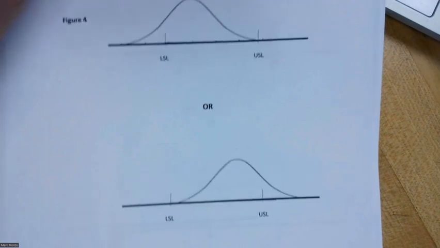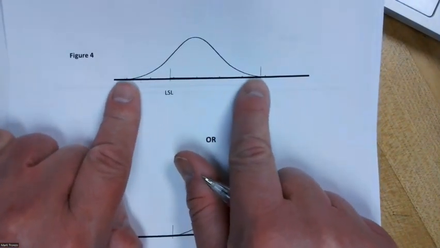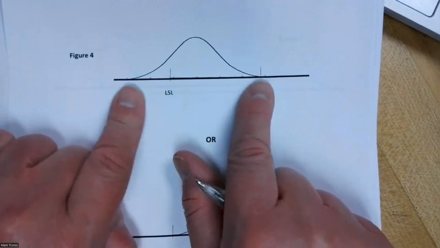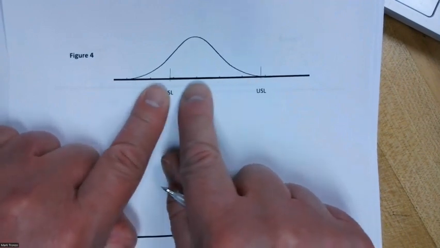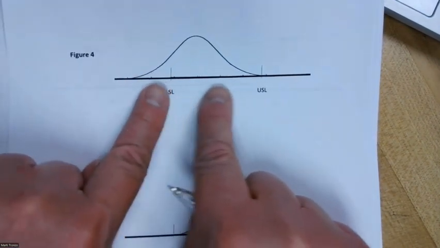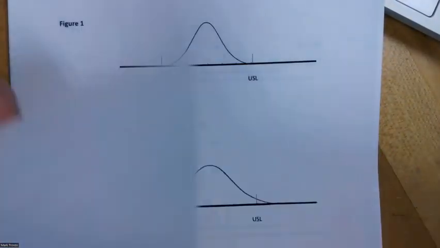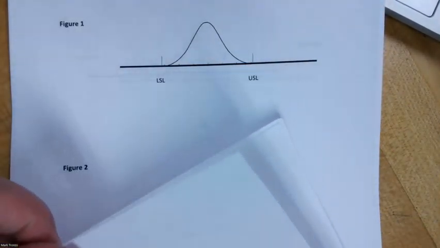Let's look at the next one. It's probably not 4, because 4 indicates CP is going to be less than 1. In our case, CP was greater than 1. So this would be a CP greater than 1 because this is so wide. So it's probably not 4. So far I'm thinking 3 would be the answer.